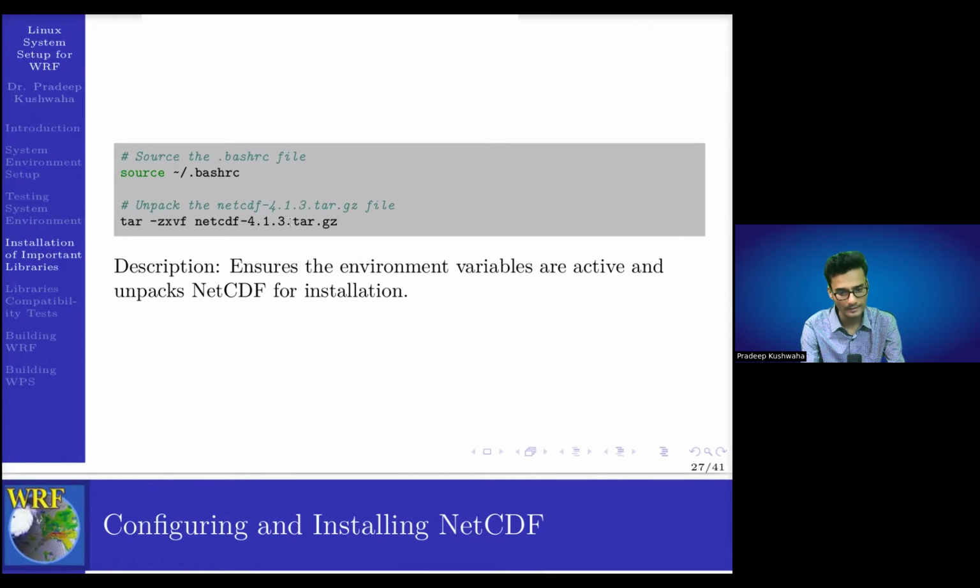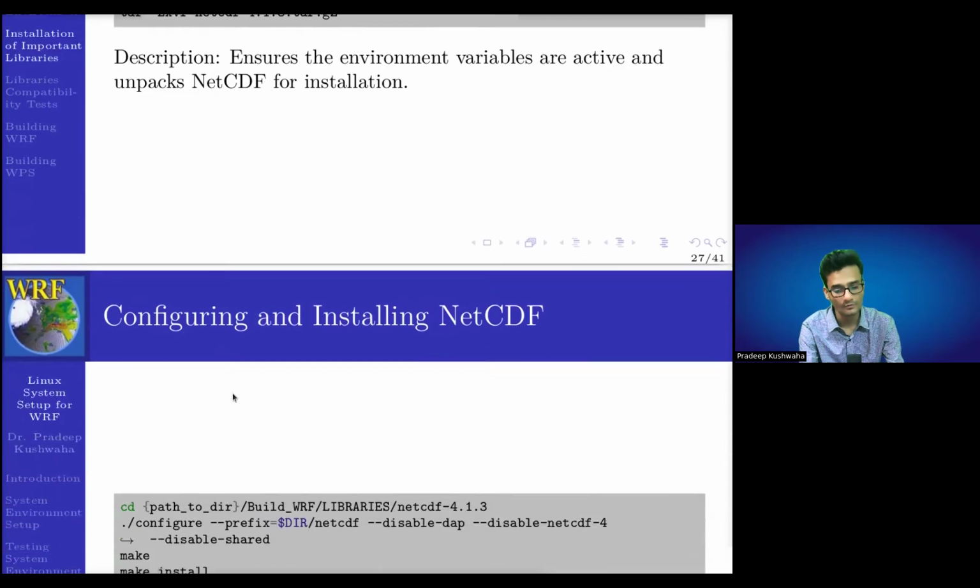Then you have to unpack the NetCDF file using tar zxvf followed by netcdf-4.1.3.tar.gz. Once you do this, it will untar it and create a folder netcdf-4.1.3 in your directory. So this ensures the environment variables are active and unpacks NetCDF for the installation.